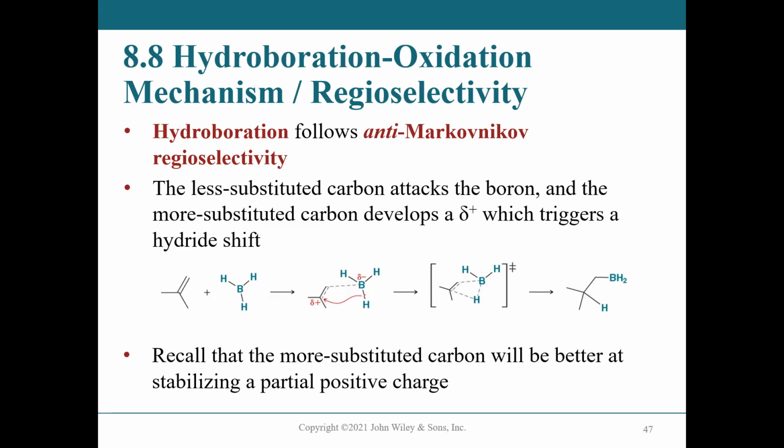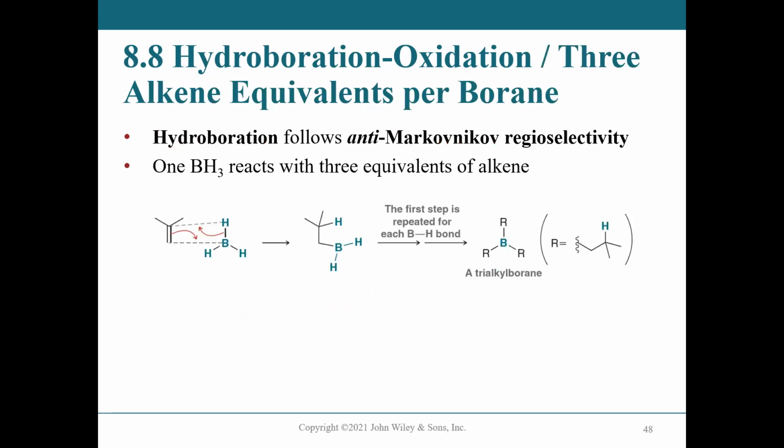We can see that hydride shift right here. Recall that the more substituted carbon will be better at stabilizing a partial positive charge, so that makes sense why we're going in this direction. They do a good job of showing this right here.